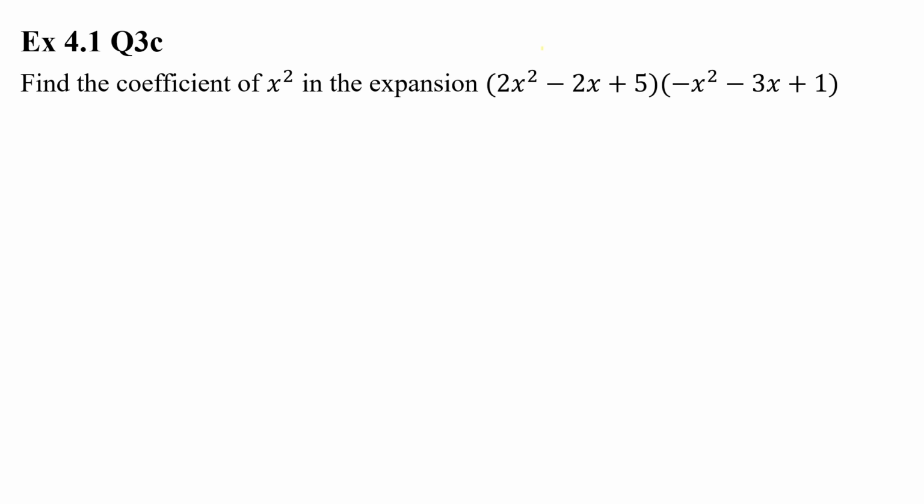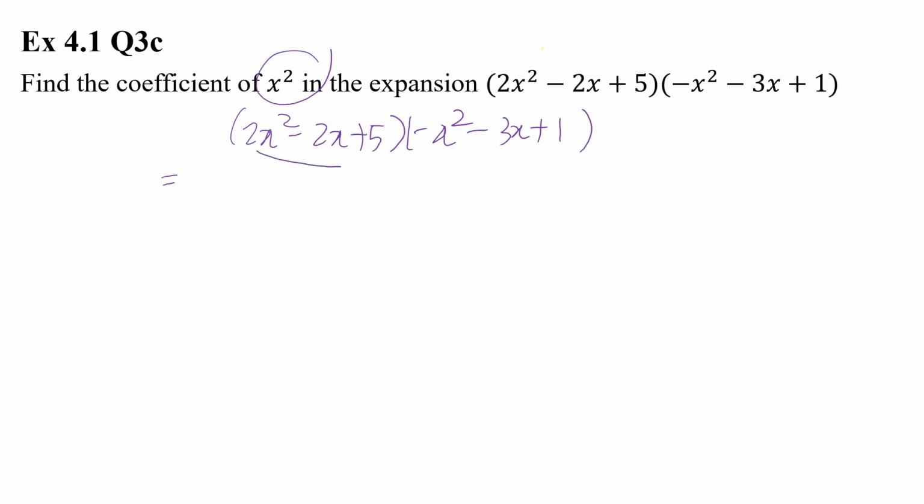So what I would advise you to do is to actually fish out the terms that we are interested in. And in this case, the term that we are interested in is the x squared term. Okay, so we're going to do some fishing.